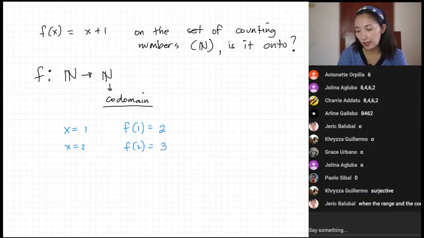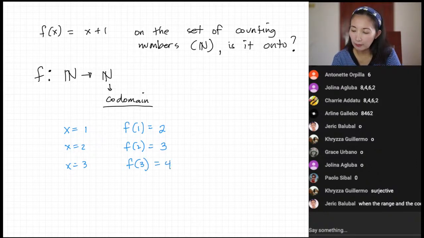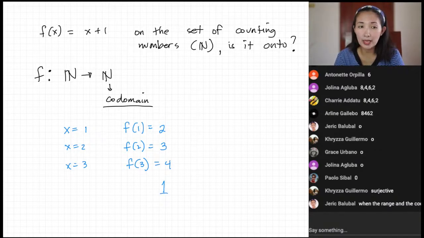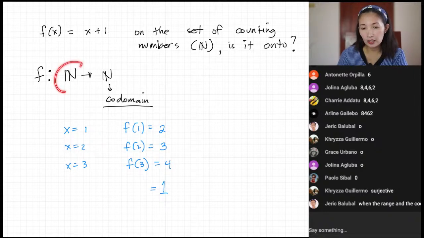When x is 3, the function value is 4. Question, will there ever be an x value that will give this function value? Take note of your domain. Your domain is N, counting numbers.